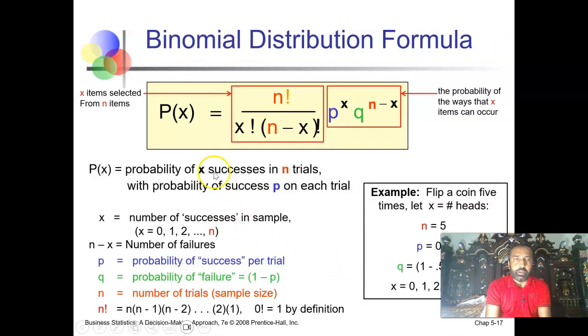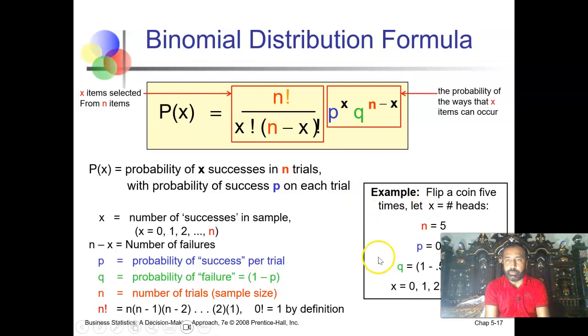This is the formula to find out the probability. Here we put the combinations, n factorial divided by x factorial into n minus x factorial. We multiply it with p raised to power x times q raised to power n minus x, where p is the probability of success and q is the probability of failure.